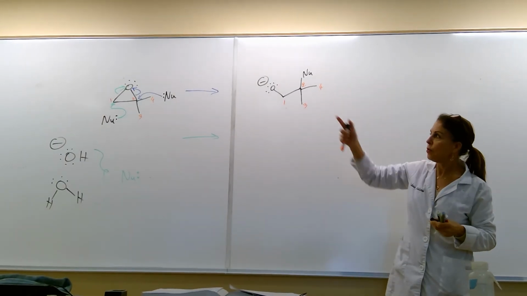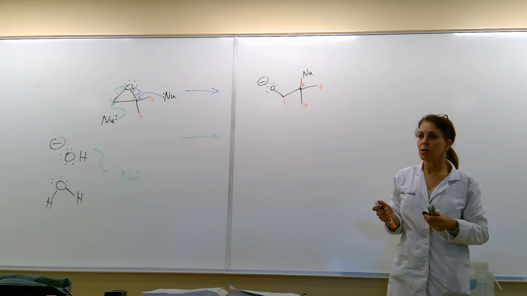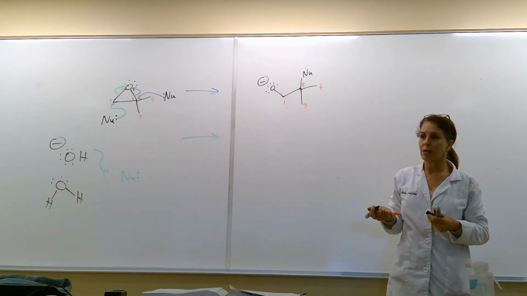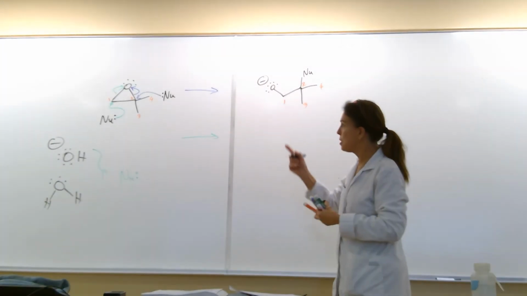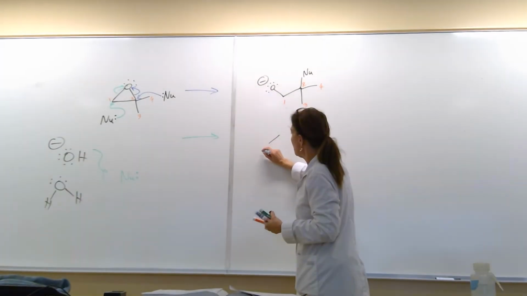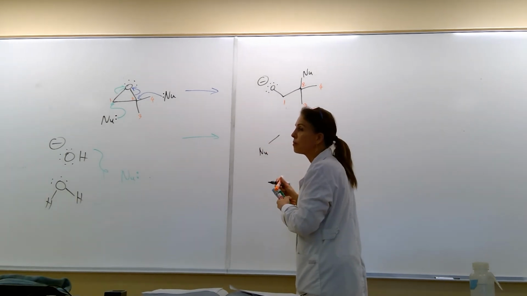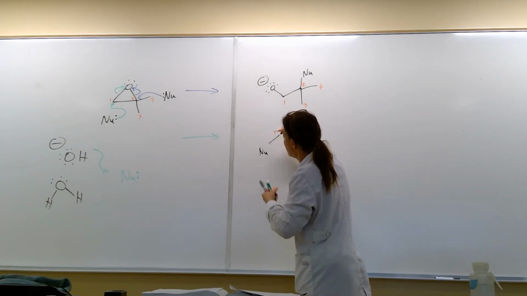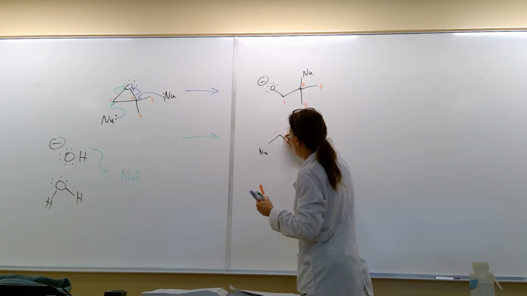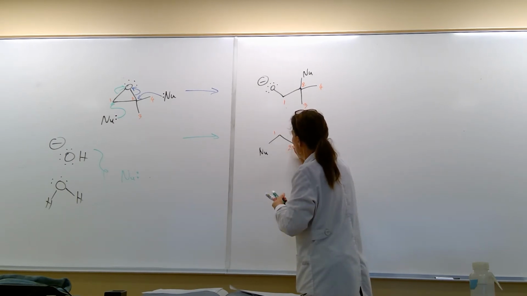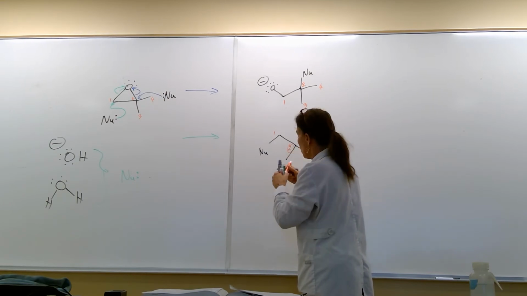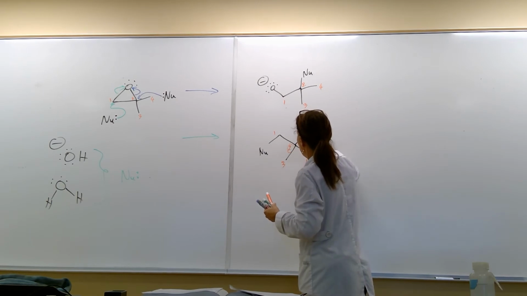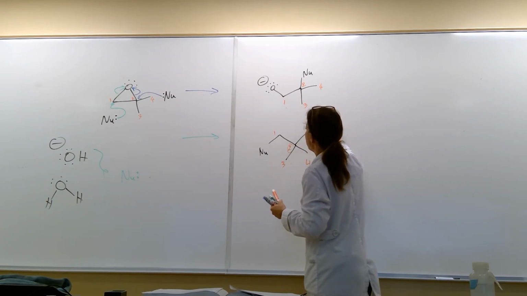So the oxygen goes there with the negative charge, and the nucleophile attaches to carbon 2. The other option is the nucleophile attaches to carbon 1. So this is 1. Then I have carbon 2, and on carbon 2, I have 3, 4, and O minus.